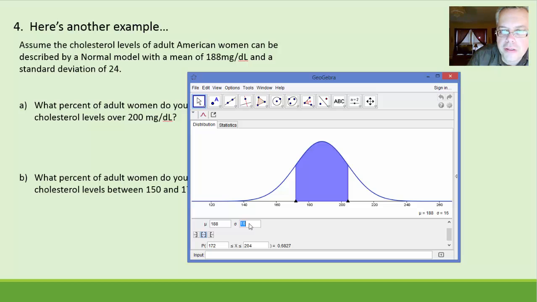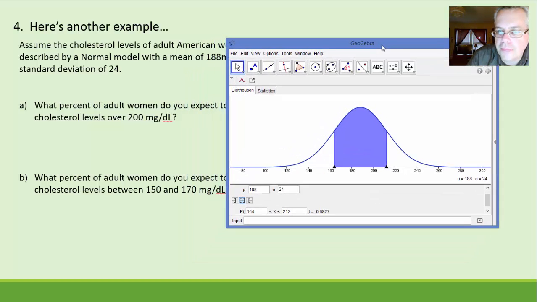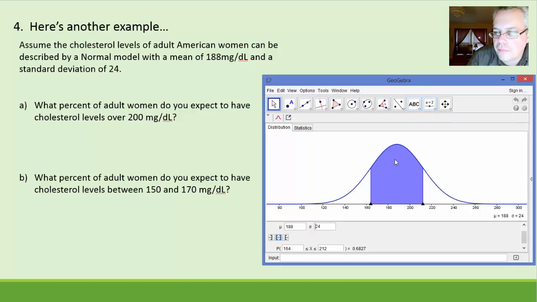And our standard deviation is going to be 24. Okay, now the model is adjusted, and we see that the curve is centered over 188. And we'll talk about where the standard deviation is in the curve in a day or so.